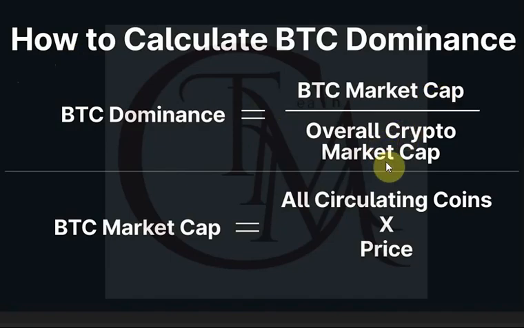To calculate it, first divide Bitcoin's market cap by the total market cap of all cryptocurrencies. Then multiply the result by 100 to get the percentage. Market cap of Bitcoin: the market capitalization of Bitcoin, circulating supply multiplied by the current price of Bitcoin. Total market cap of all cryptocurrencies: the combined market capitalization of all cryptocurrencies.